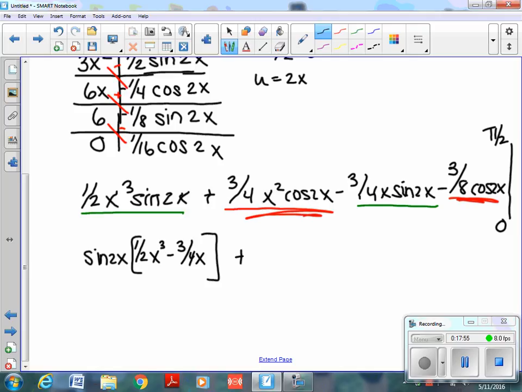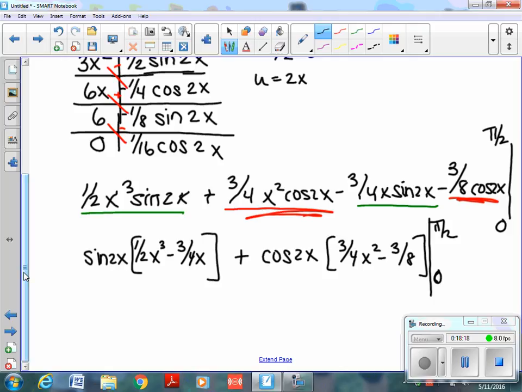Plus, I'm going to take a cosine of 2x out of both of these. And I'm going to have 3/4 x squared minus 3/8 from 0 to pi over 2.